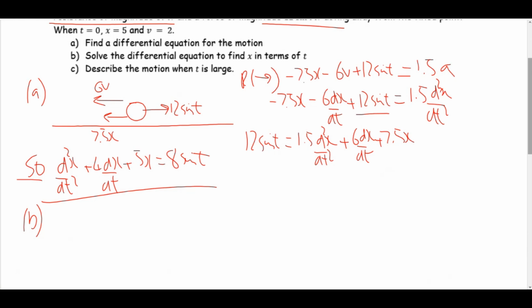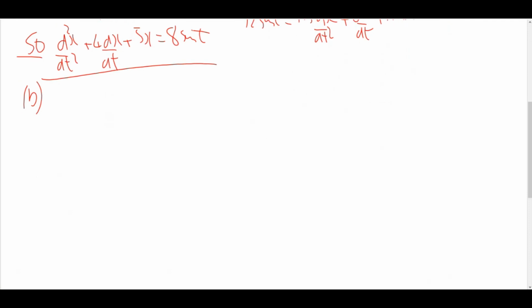Okay, it then says solve the differential equation to find x in terms of t. Now, folks, I'm going to warn you here, this is a little bit full on. The first step for doing this is to find a complementary function. To do that, you write down the auxiliary equation, which is m squared plus 4m plus 5 is equal to 0.